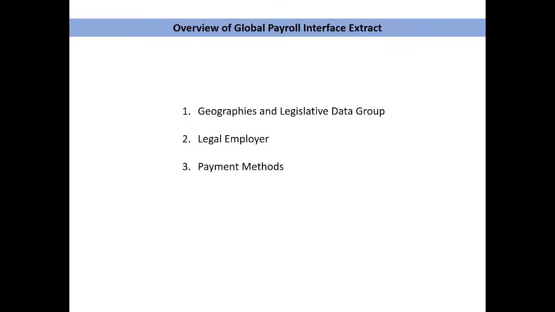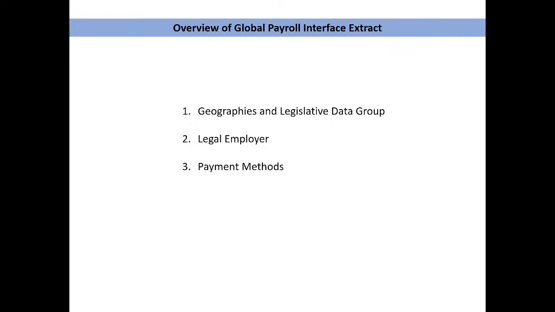You can add custom fields to the extract definition. The extracted data includes global and country specific data. Depending upon the LDG, the application copies country specific data. For example, when you copy a GPI extract definition within an Australian LDG context, global and Australia specific data is copied to the new extract.